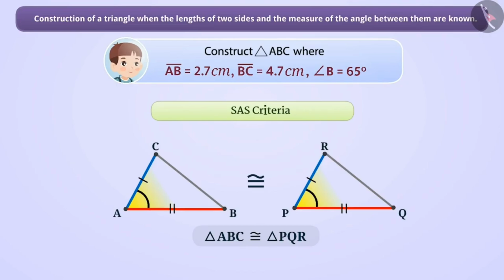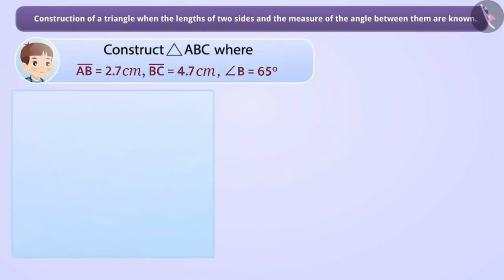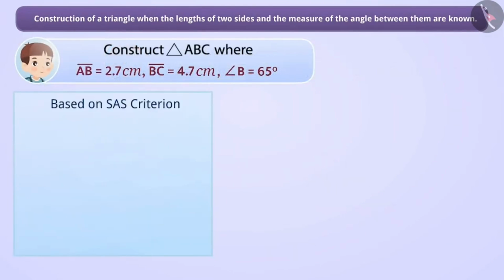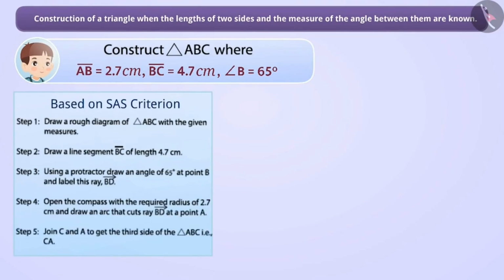This rule also informs us that if two sides and the angle included between them are given, then we can construct a unique triangle. Let's construct triangle ABC based on the SAS criterion.